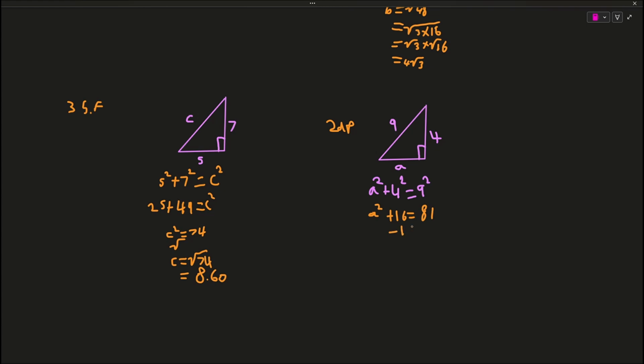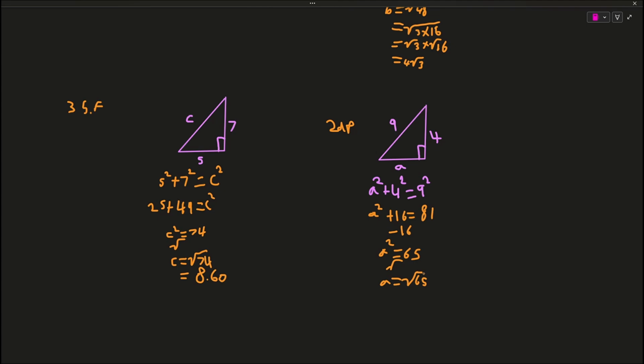Now minus 16 from both sides. That gives us 65, so we got 65 equals a squared. Square root both sides: a is equal to the square root of 65.